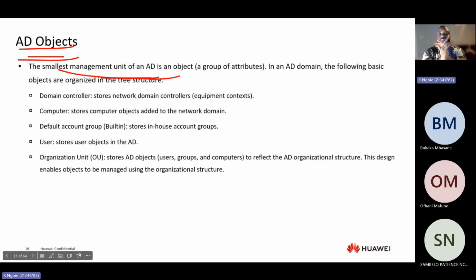Each object consists of a set of attributes that describe it, right? For example, a user object will include attributes such as the username, the password, the email.